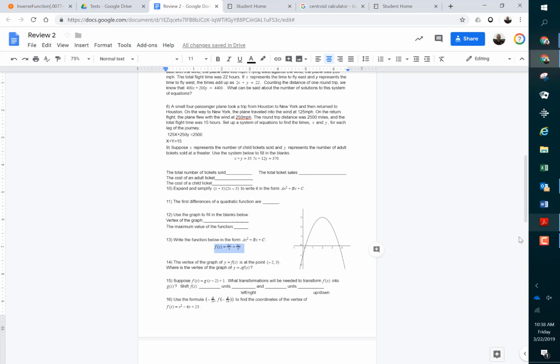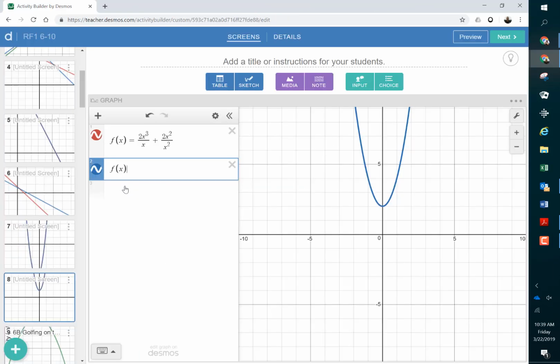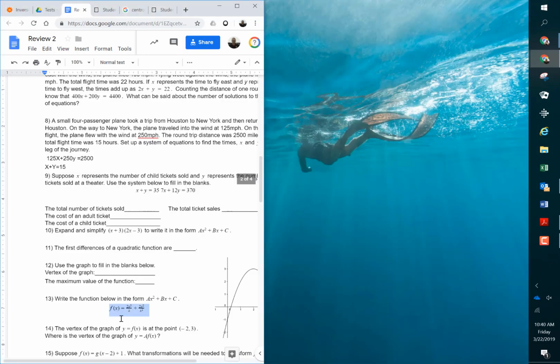So let's go to Desmos. You gotta make this bigger so I can see. Denominator cancels and you'll get 2x to the second. Oops, equals. And then the 2x to the second cancels against the x to the second, and you'll get plus 2. And if you notice those two graphs now, so b is 0 in this case.